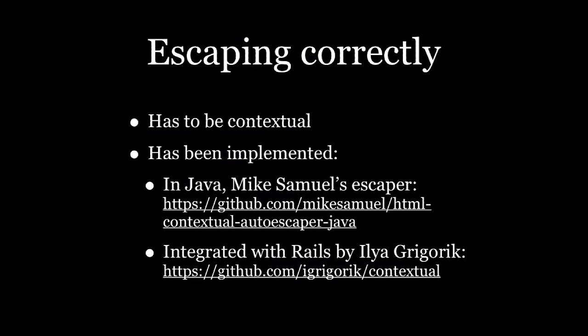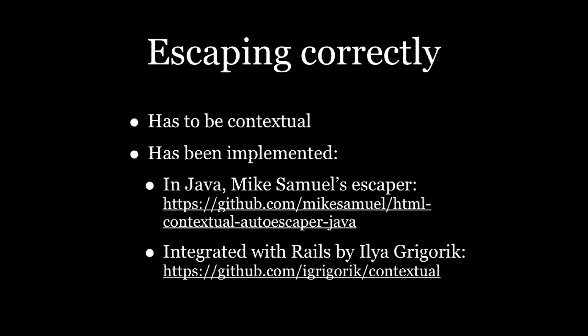The example above was inside of a JavaScript variable assignment, which was single quoted. In this particular case, the escaper will know what to do. And Google has actually, most of our internal templating systems are using contextual escaping. A lot of it is open sourced. We have a Java escaper which can be plugged into different frameworks.